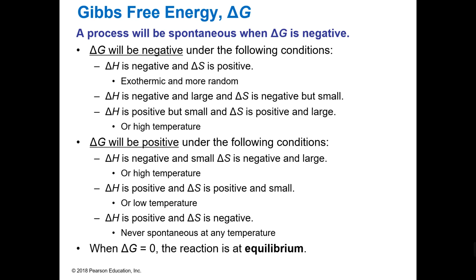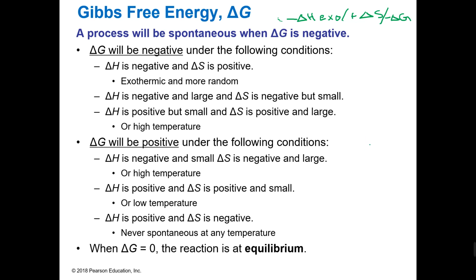So now let's get into Gibbs free energy. This is just another tack on. We started off from delta H, okay? We know that when delta H is negative, it is exothermic. And typically we'll see a positive delta S. Now for spontaneity, we'll see a negative delta G. Okay, you can see how the signs are kind of flip-flopping.